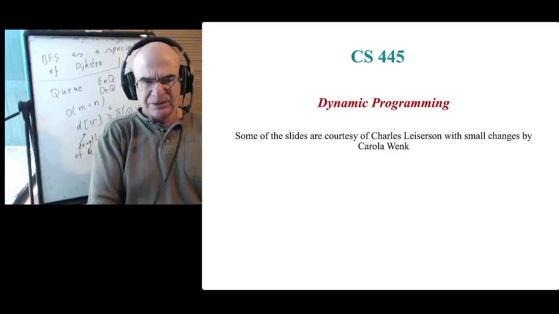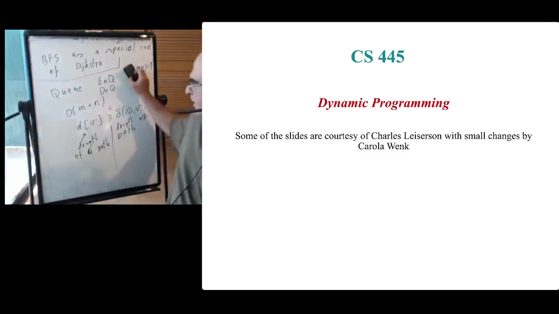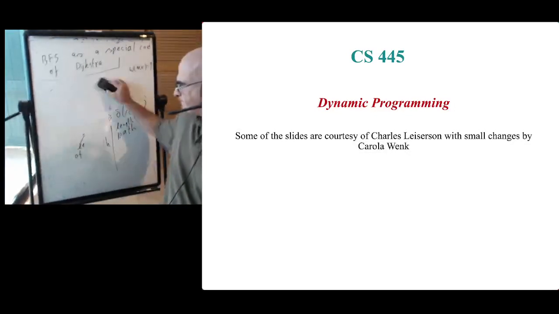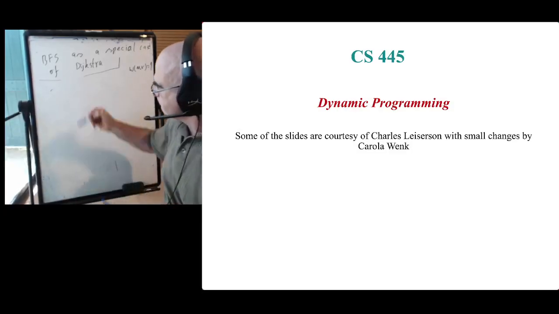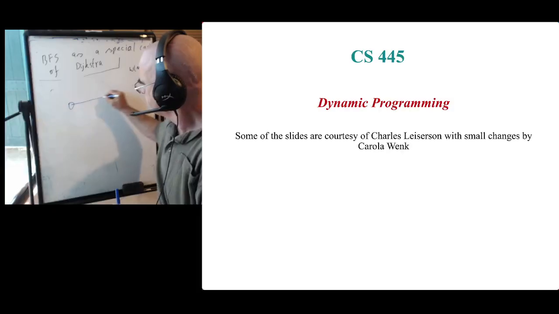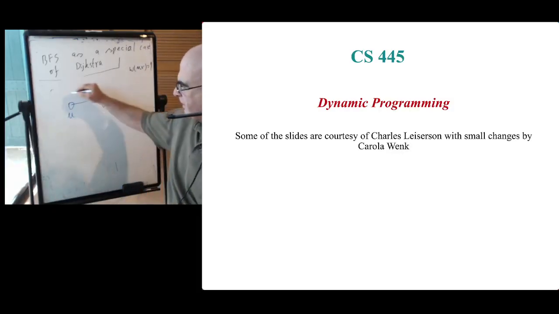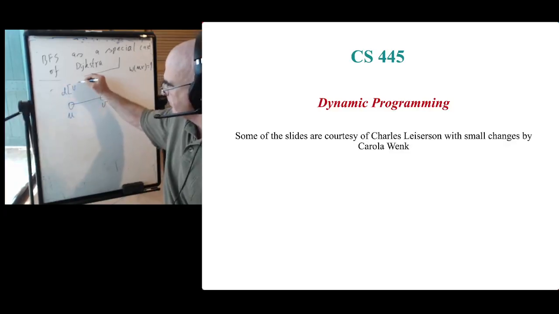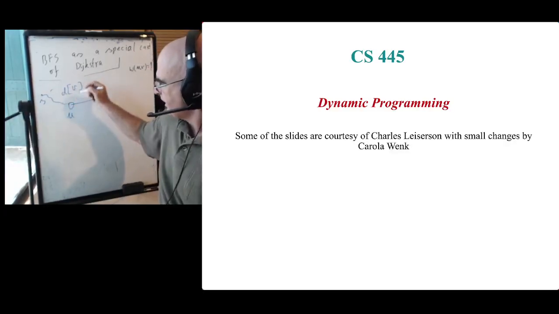Dijkstra is very fragile about the conditions under which it can work. Dijkstra says, I'm looking at this edge u, v, and I have values which are the estimated distances from s to u.